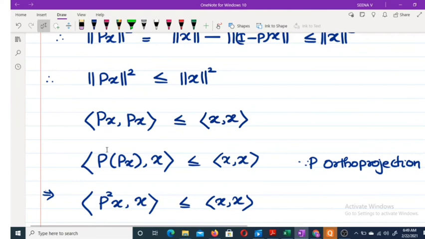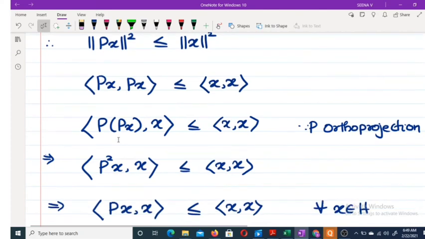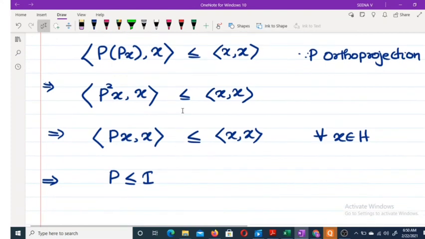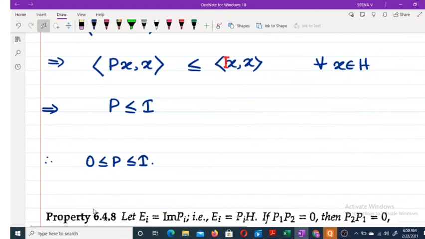And you can again write this using P as ortho projection: ⟨P(Px), x⟩, and this is less than or equal to inner product of x, x. And this is ⟨P²x, x⟩ ≤ ⟨x, x⟩, so ⟨Px, x⟩ ≤ ⟨x, x⟩, you can write as ⟨Ix, x⟩. This implies P ≤ I, thus we get 0 ≤ P ≤ I.